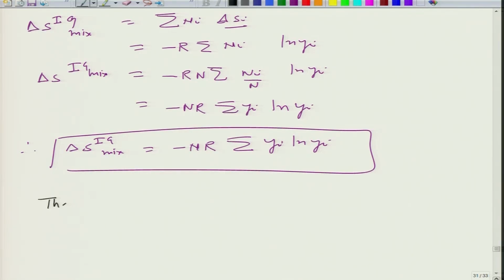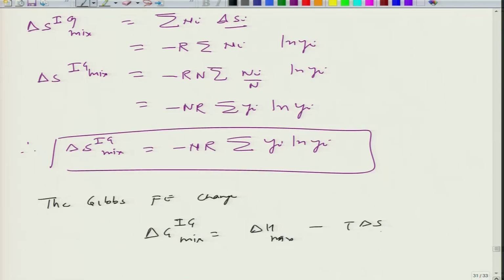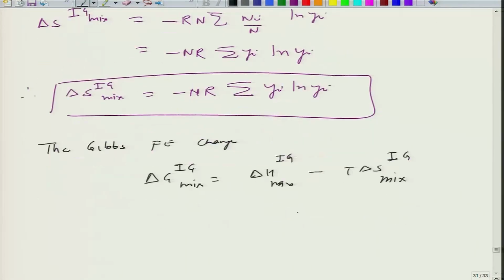So, the Gibbs free energy change, delta G ideal gas mixture, would be delta H minus T delta S, and since this is an ideal gas mixture, we know that delta H is going to be 0.